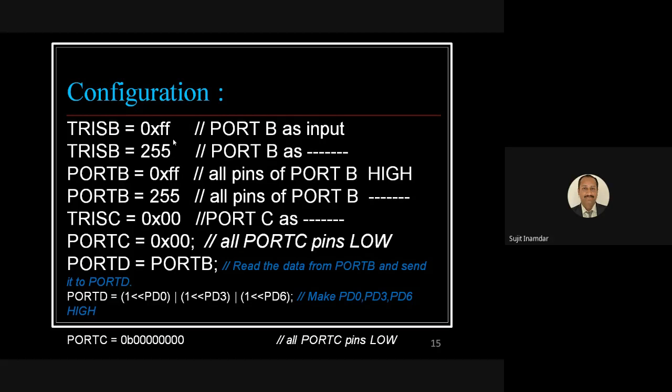Then port D is equal to port B, that is port B to the port D. Then make PD0, PD3, PD6 high. And last one, that is all the pins become low, that is active low or the logic 0. So in that way, we have learned the explanation or the configuration of various ports through this particular point.